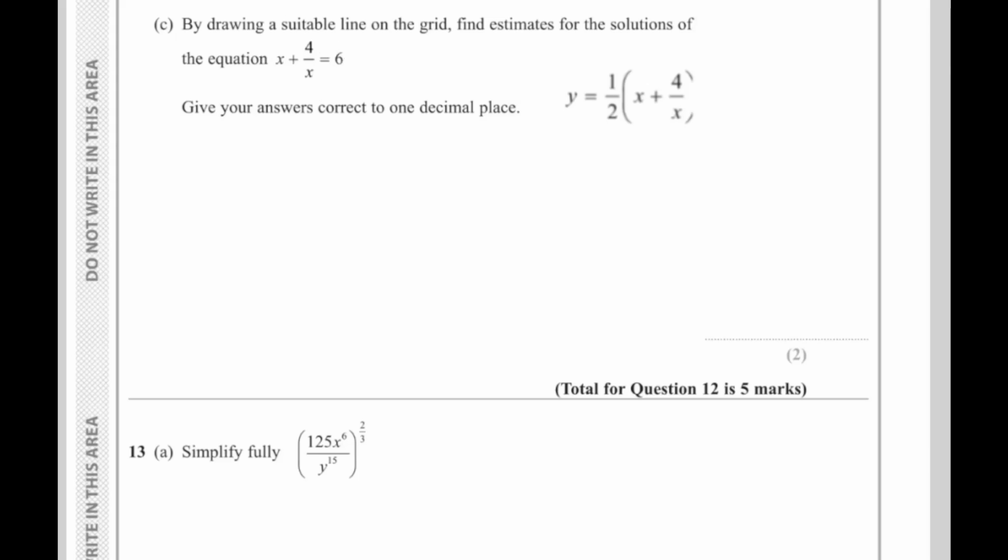This is the equation. The equation's been given. So I'm rewriting the equation x plus 4 over x equals 6.